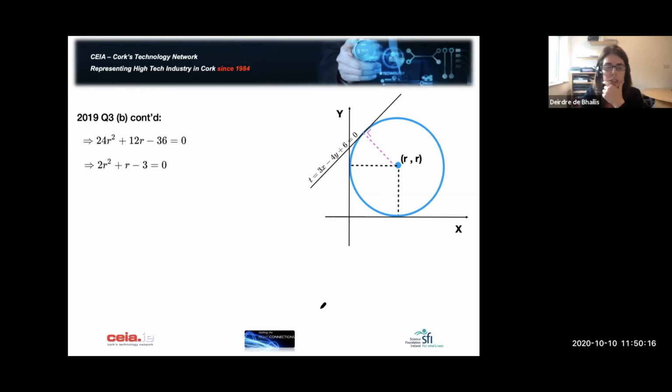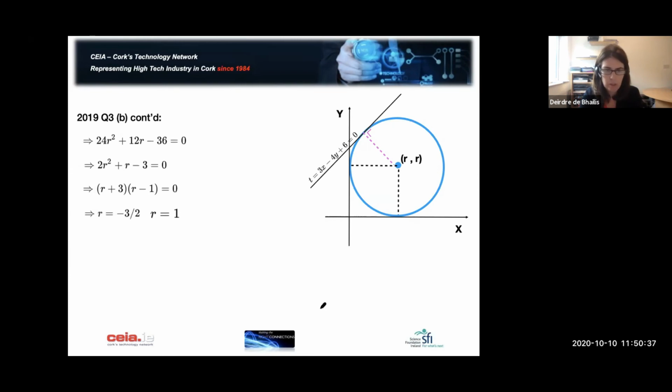Again, a quadratic, and so we're back to factors, which gives us r plus 3 multiplied by r minus 1 is equal to 0. And that gives us r is equal to minus 3 over 2, and r is equal to 1.